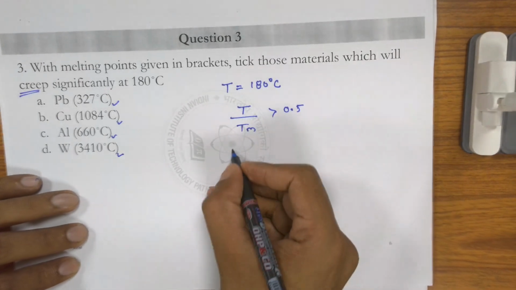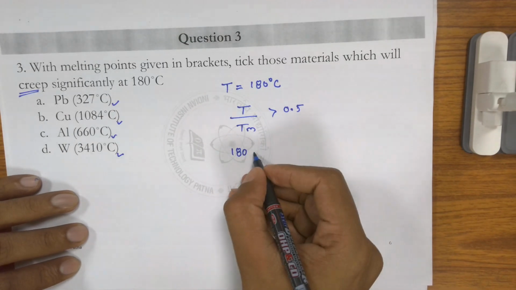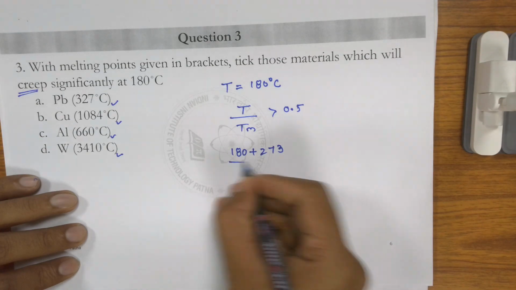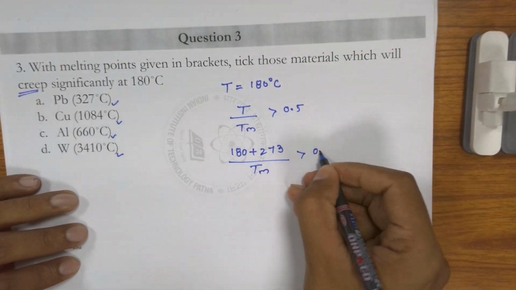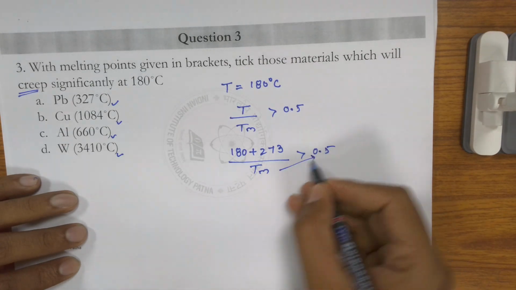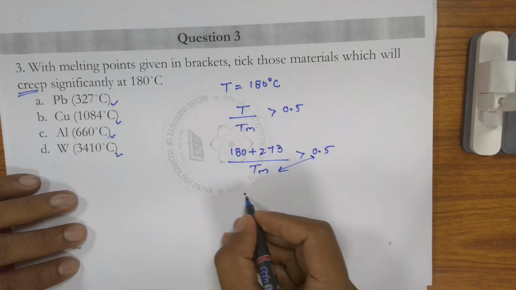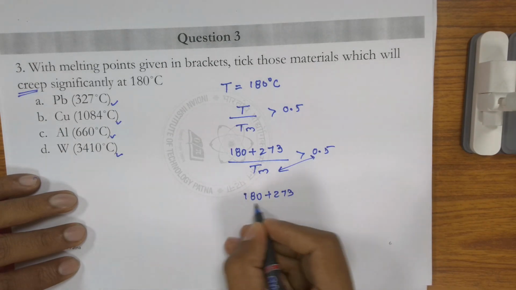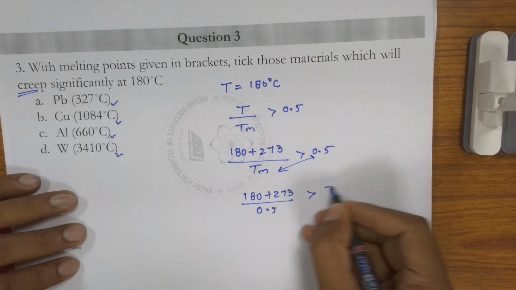Let's put the service temperature 180 degrees Celsius, but again we don't put temperature in degrees Celsius. We'll add 273 over here, divided by melting point greater than 0.5. We can exchange their position. So what we will get, 180 plus 273 divided by 0.5 should be greater than melting point.